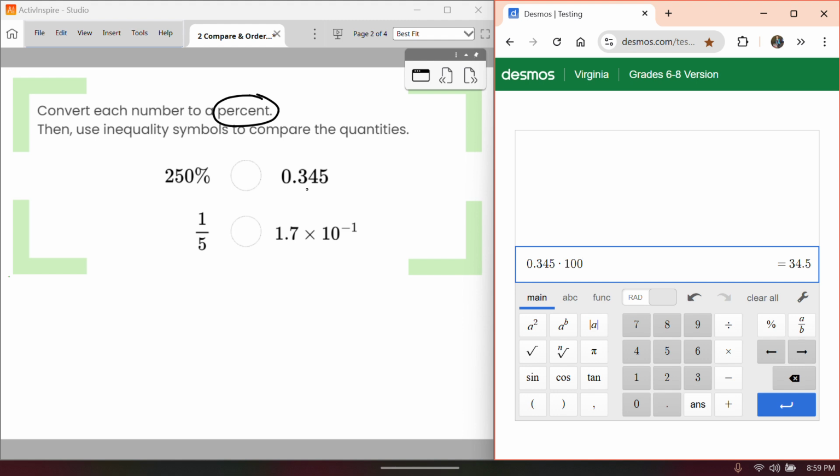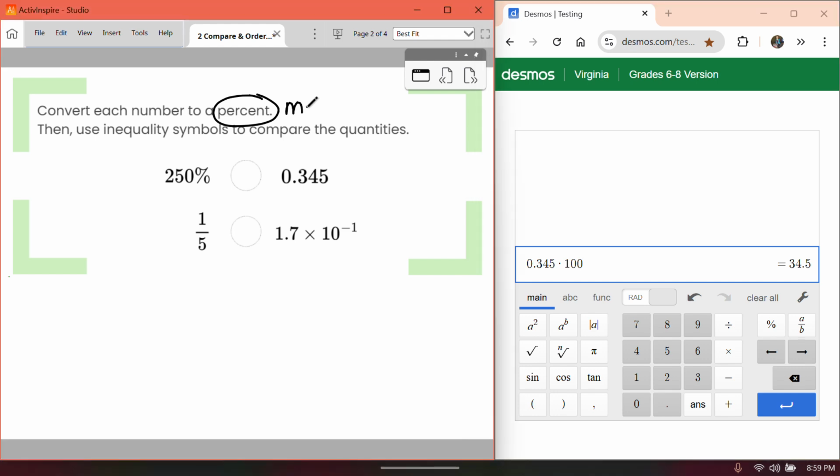In fact, let me come up here and write multiply by 100 so that we don't forget. Okay, and then that is now a percent, 34.5%.